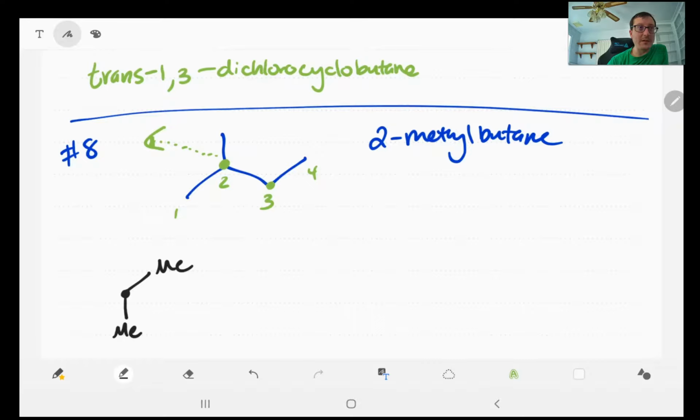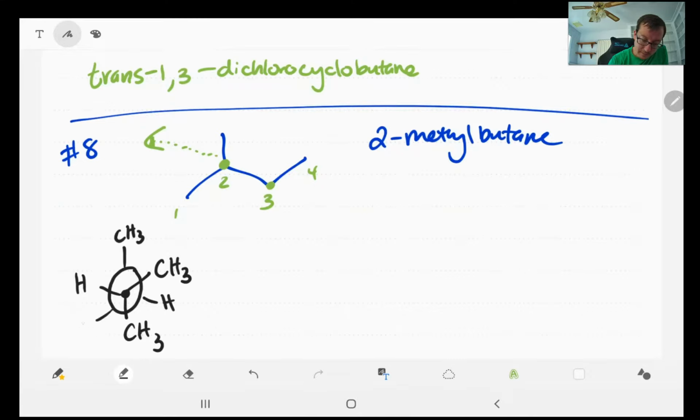We could write CH3. That's also done for Newman projections, but when we start hitting the ethyl and propyl, we use abbreviations. If you use CH3, it's fine. I'll use CH3. We have 2 methyl groups on carbon 2, as well as a hydrogen. Those are the 3 things on carbon 2 that aren't carbon 3. Carbon 3 is the back part. On carbon 3, we have a methyl group and 2 hydrogens.